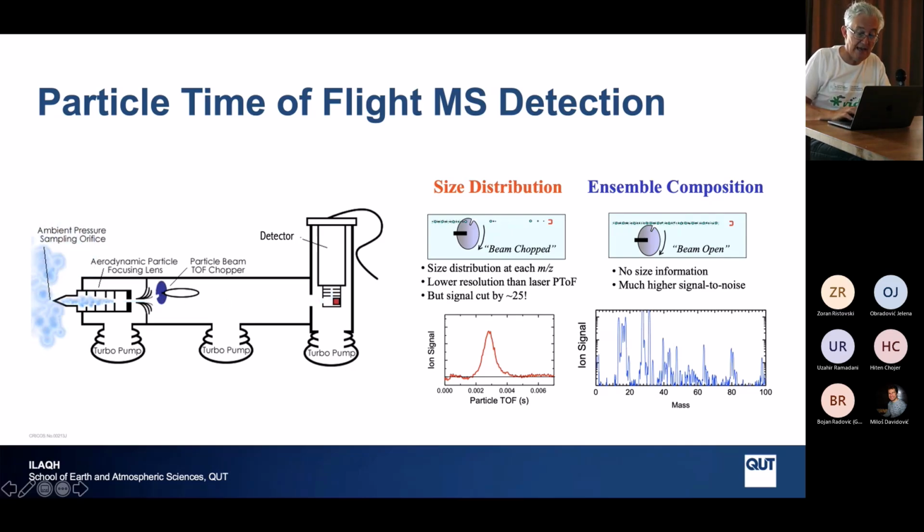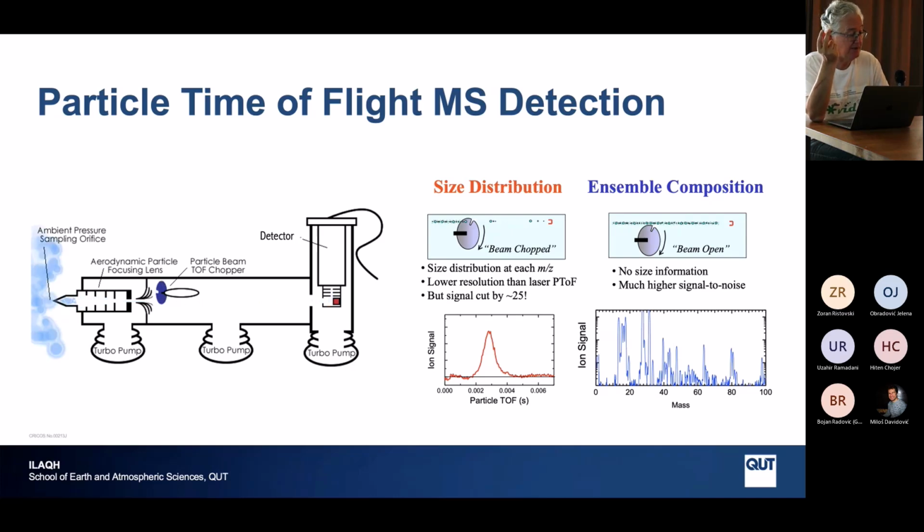So looking at the time of flight, this is the signal from the detector, the red curve, we can estimate the size of the particle. And this method is used to relate size to the composition. Note that the composition is continuously measured with this detector. So the ions that come at the beginning are from small particles.